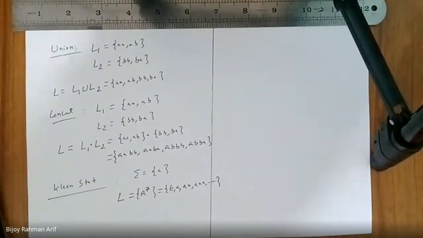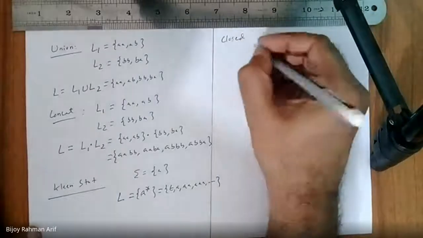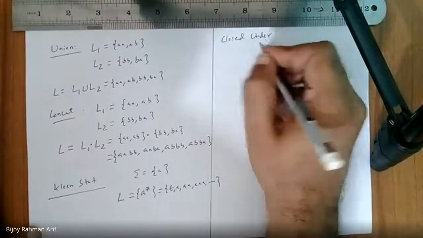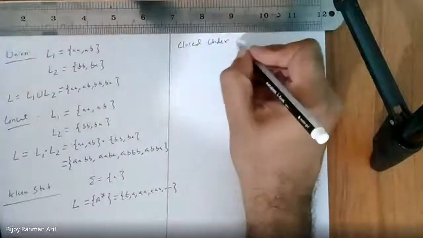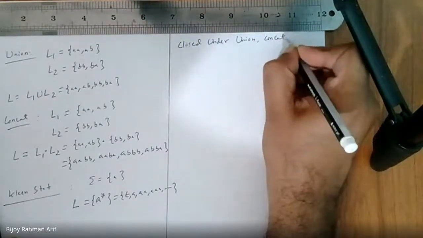Now, what is closed? What is the meaning of closed under union, concat, and cluster?